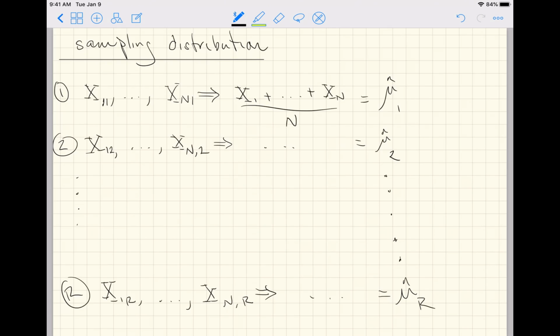So if you think of these mu hats as being an infinite number of possible sample means, each one of which is estimating the population mean, then the collection of sample means is going to make up for us the sampling distribution of the sample mean.